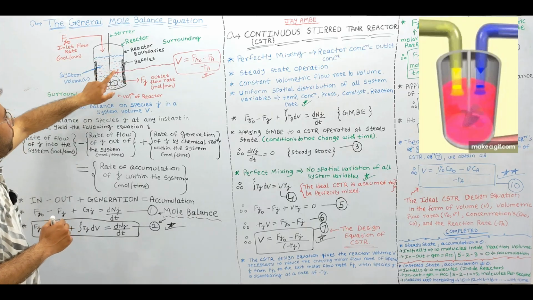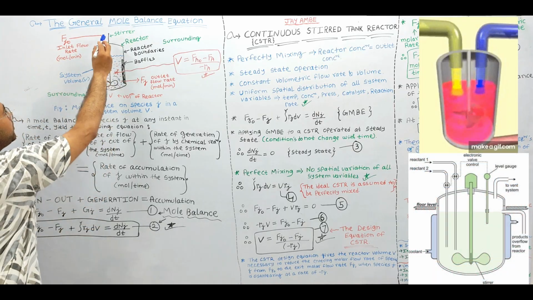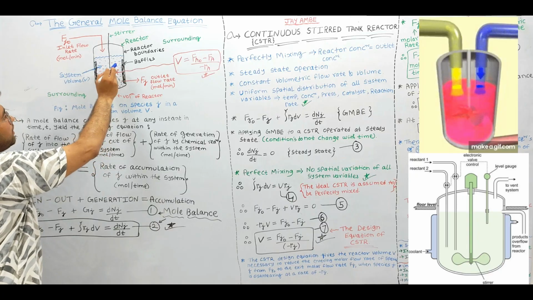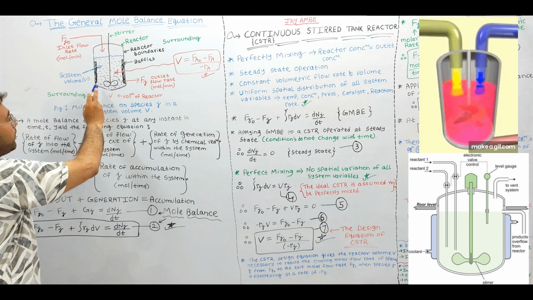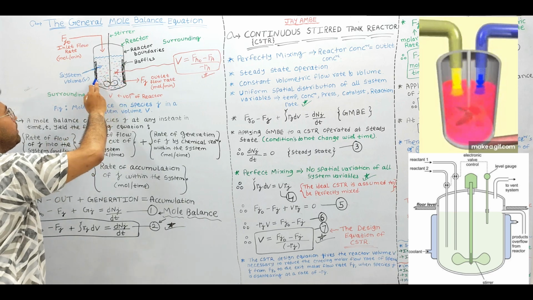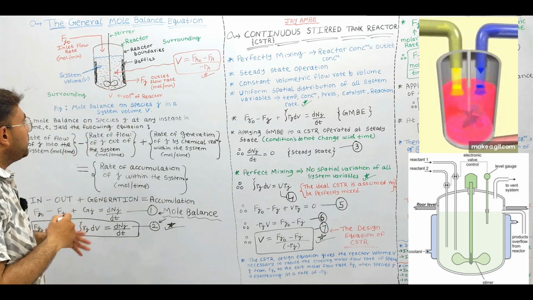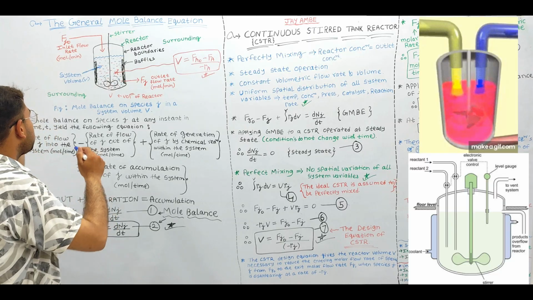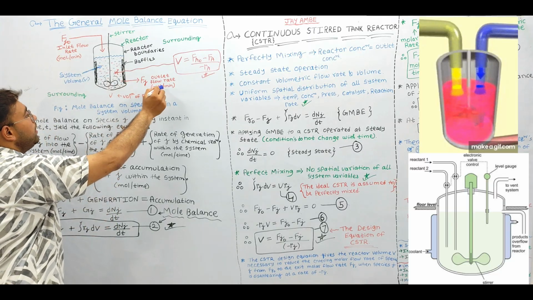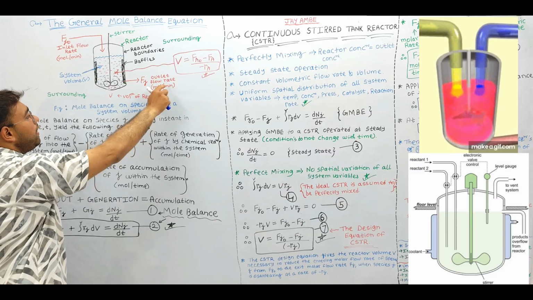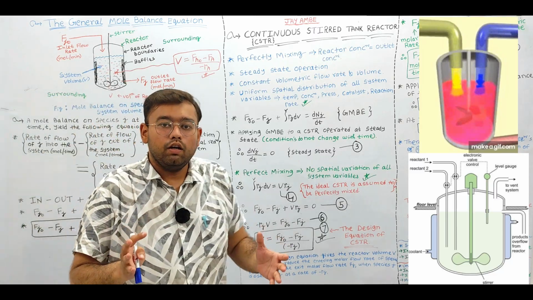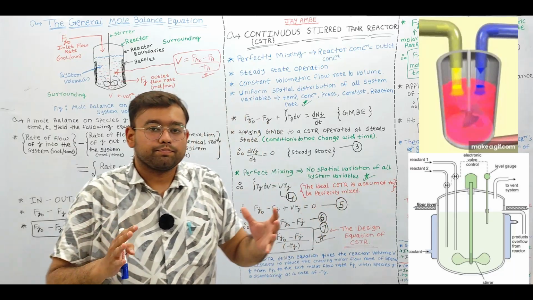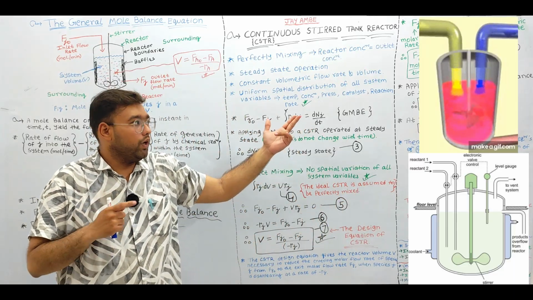And we are providing continuous stirring to the reaction environment, due to which we have a uniform distribution of all the system variables throughout the entire reaction volume. After the completion of the reaction, the products exit the reactor through the outlet stream indicated by the outlet flow rate, right?